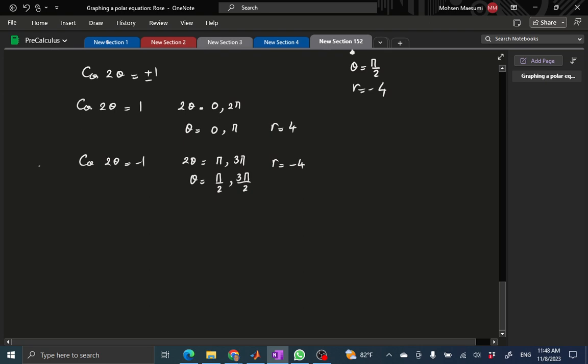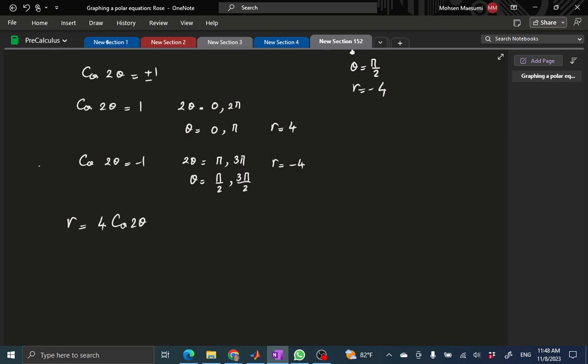So again, r was 4 cosine of 2 theta. Coming back, going to the pole, that's what we are after here. At what angles do we come back to the origin? Well, cosine of 2 theta has to be 0. At what angles do we get 0? Well, at pi over 2, 3 pi over 2, 5 pi over 2, 7 pi over 2, odd multiples of pi over 2.